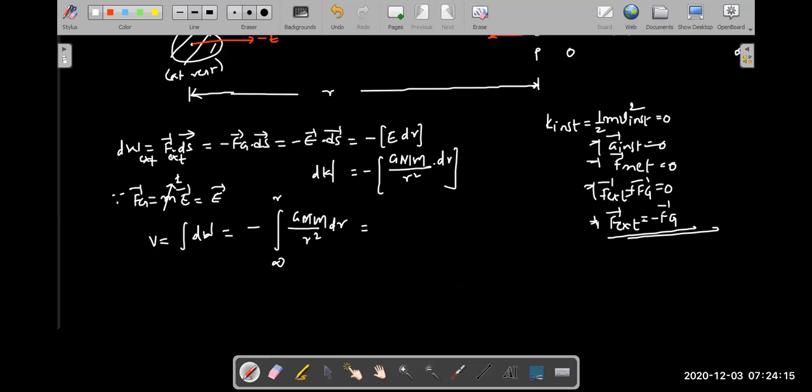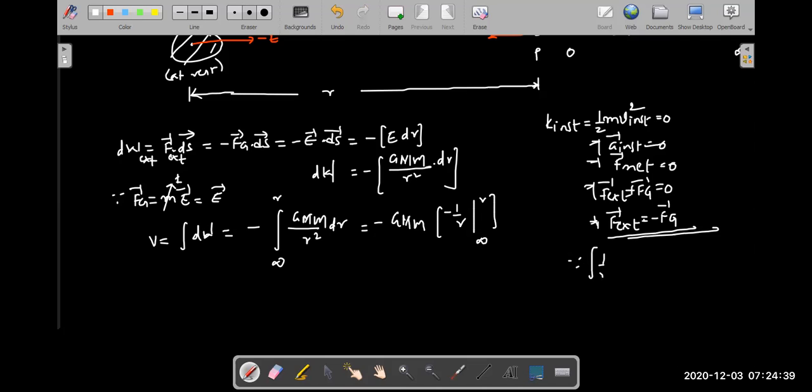Here this will be minus. We can take G capital M small m common. The integral of 1 by r square will be minus 1 upon r.